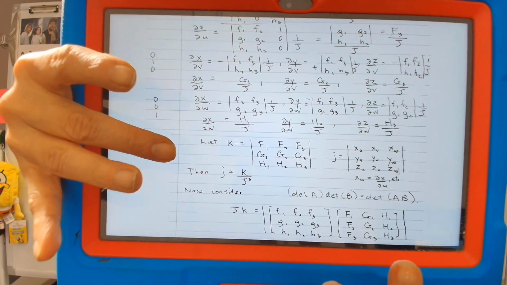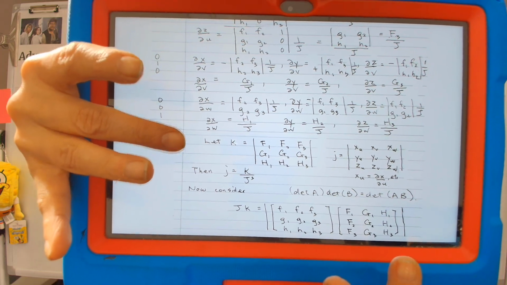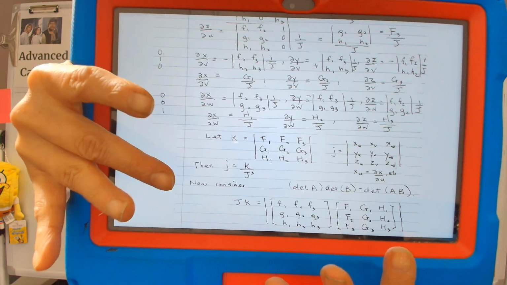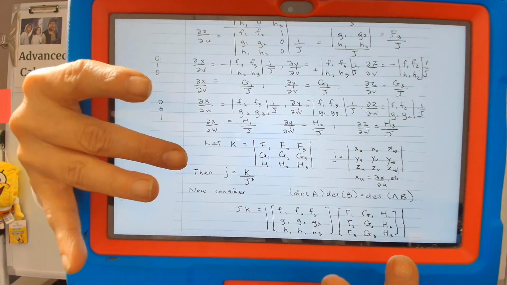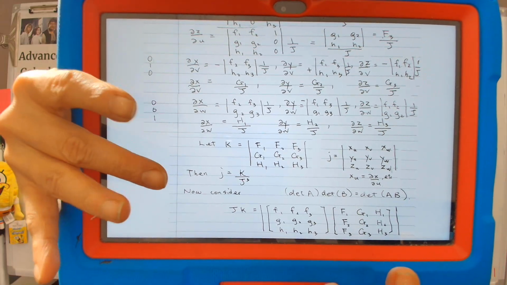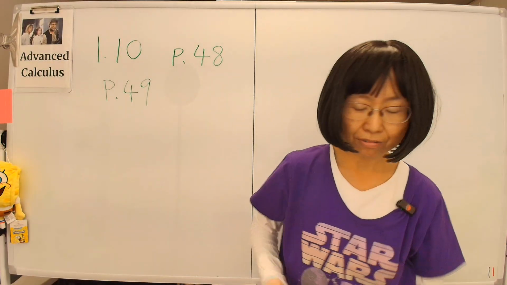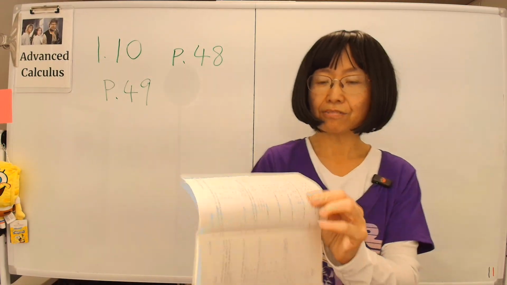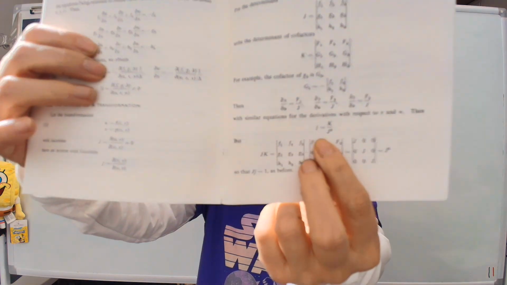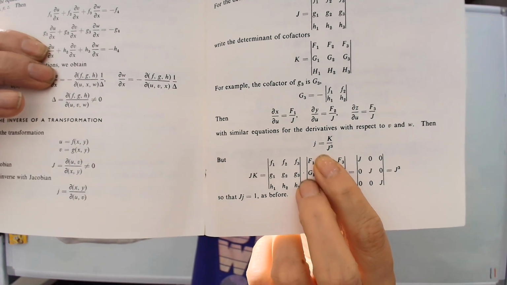So each row got divided by j, so there are 3 rows of j's being divided, so you have dividing by j cubed, but otherwise the k is what the determinant ends up being. So that's what small j is. Small j equals k over big J to the 3rd power.